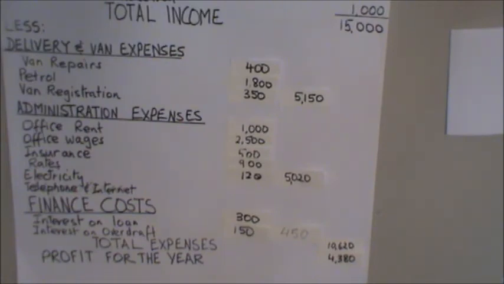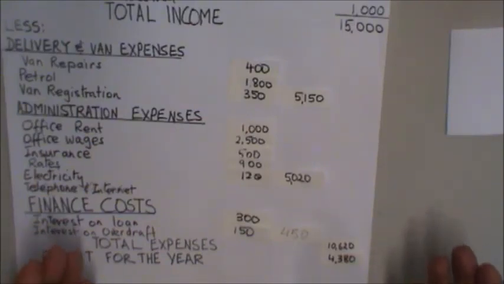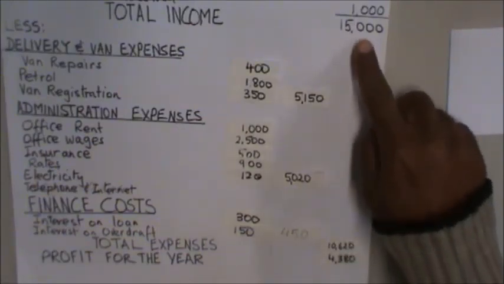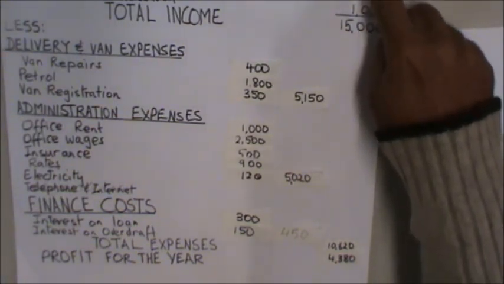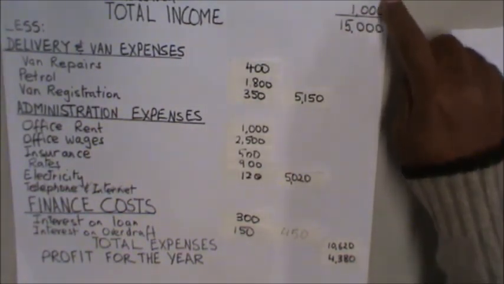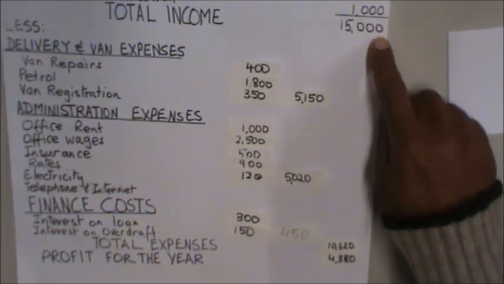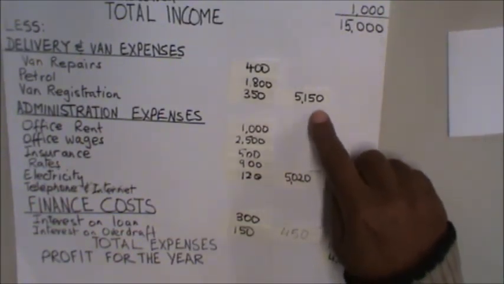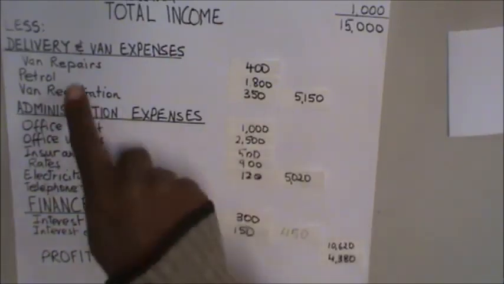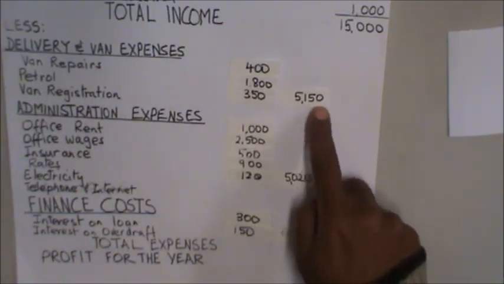And that is your income statement for a service business. As you can see, it's well laid out. It tells you a very good story. It tells you the story that the income of the business was $15,000 and it earned it from fees, which was $10,000, dividend was $4,000, and $1,000 was commission received, that's worth $15,000. The business incurred $5,150 for delivery and van expenses.